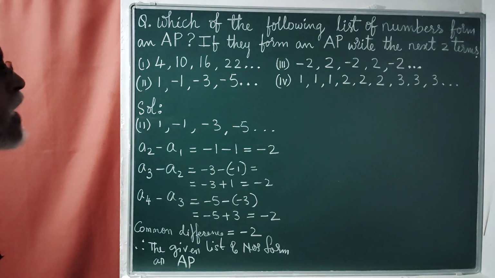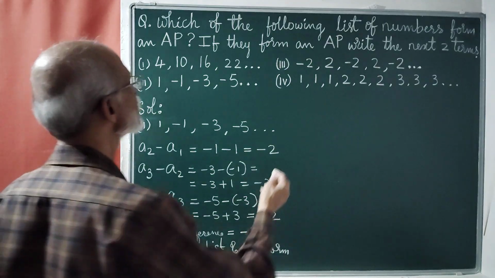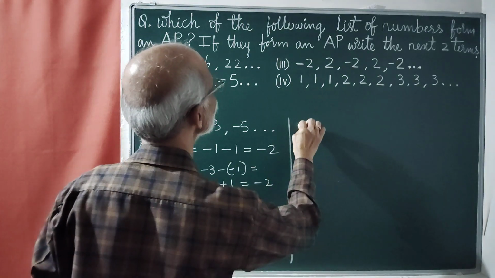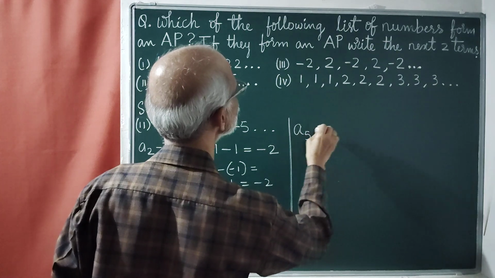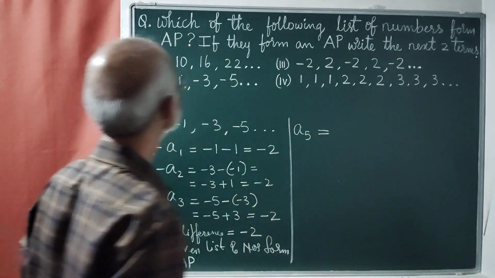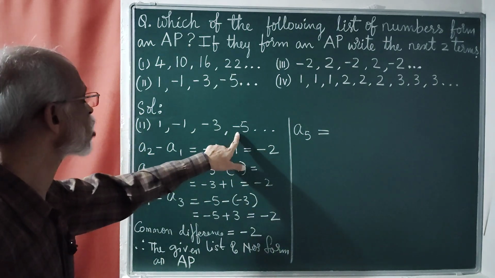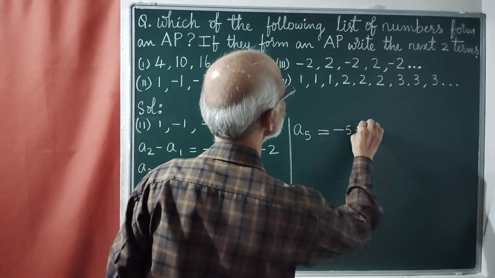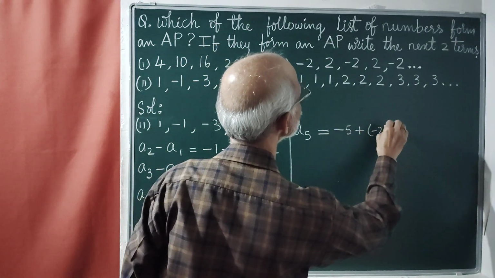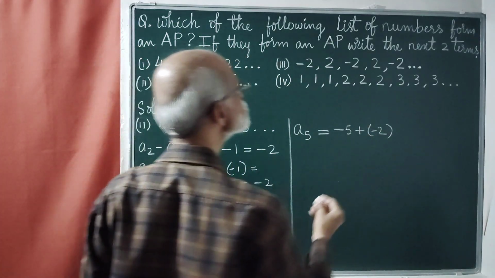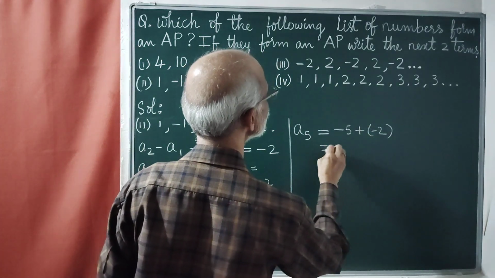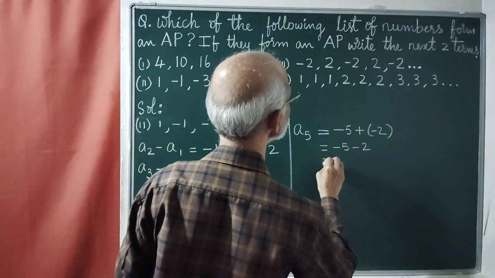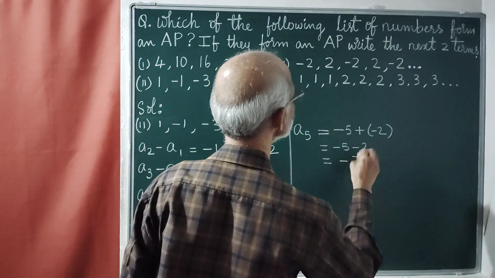Now we have to write the next two terms, that is A5 and A6. So to get A5, to A4 add the common difference. So minus 5 plus minus 2 is equal to minus 5 minus 2, minus 7.